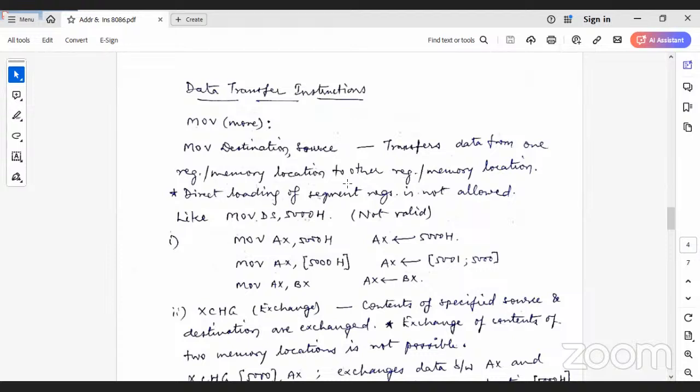So in this, the first one is immediate addressing mode. Next one is the direct memory addressing mode. And then the next example is register addressing mode. So you see, there are different addressing modes within the data transfer type of instruction. Like this, for any one particular instruction you can have different ways in which you can specify the operand, either directly in the instruction, or in the register, or in the memory location.